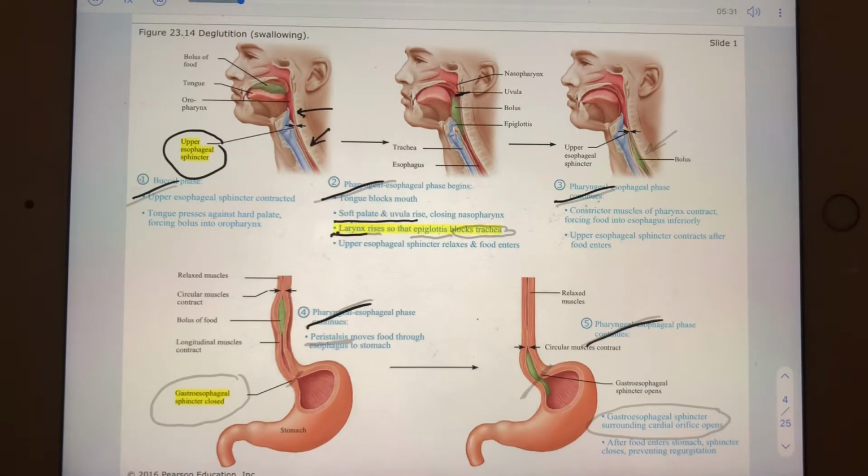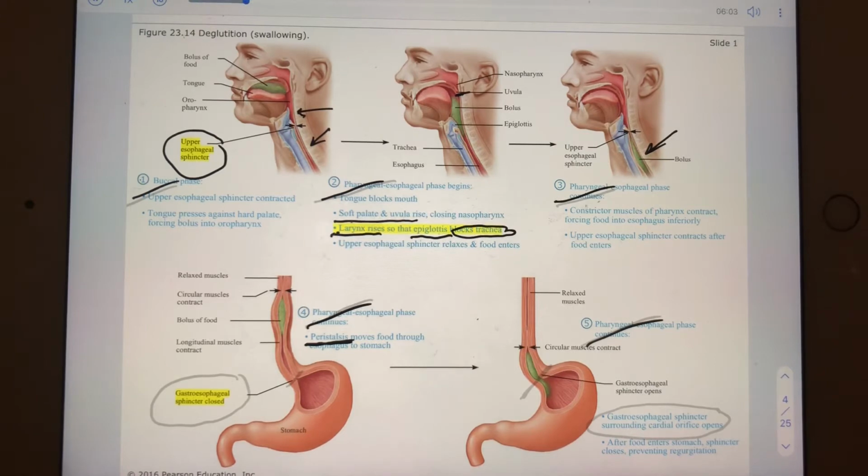And the larynx rises up, the epiglottis kind of bends downward, and they meet each other to seal off the trachea. And once we've got that bolus transferred from pharynx into esophagus, now we close that upper esophageal sphincter back up, okay? And we're performing peristalsis, okay?